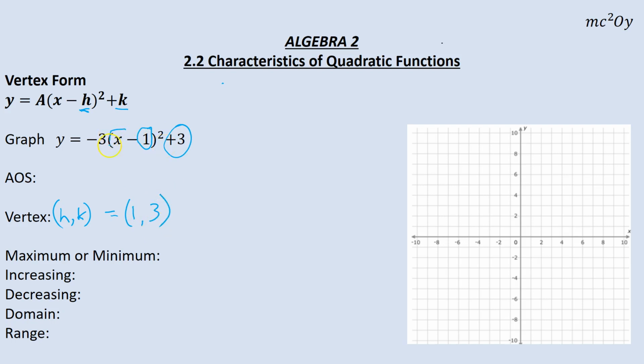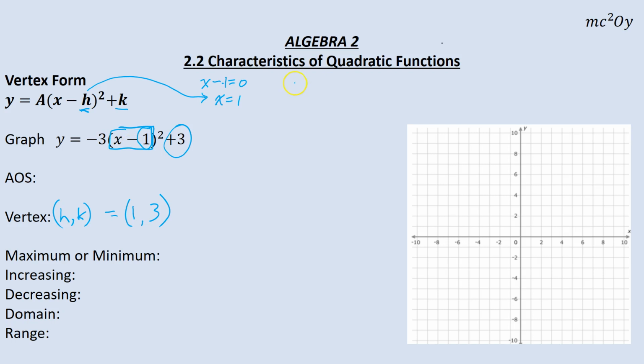The other way to talk about it, as I mentioned in class, is whatever will make this quantity equal 0. So if I ask what will make that equal 0, well, x minus 1 equals 0 when x equals 1. That's the h value of your vertex. So 1, 3. If this said plus, it would be -1 then.